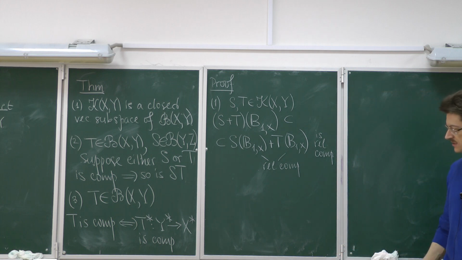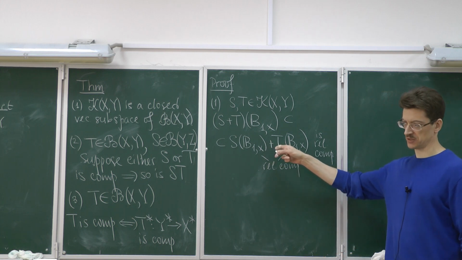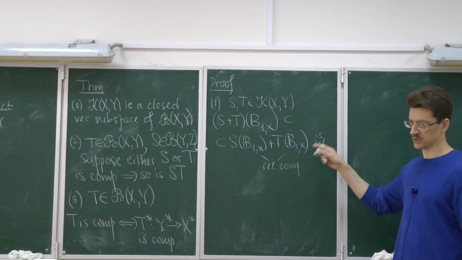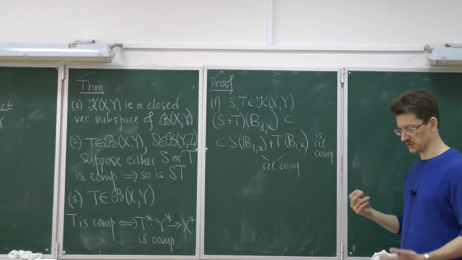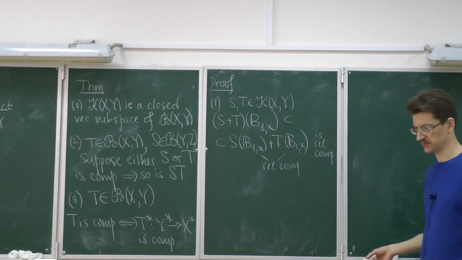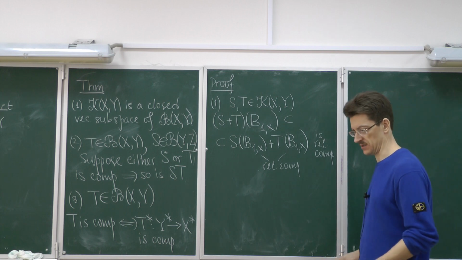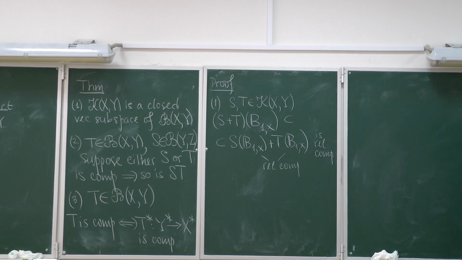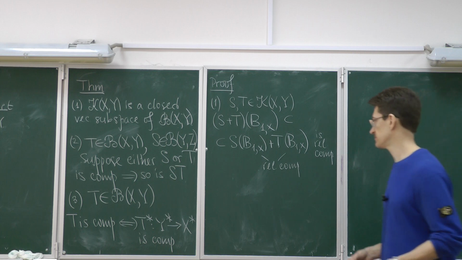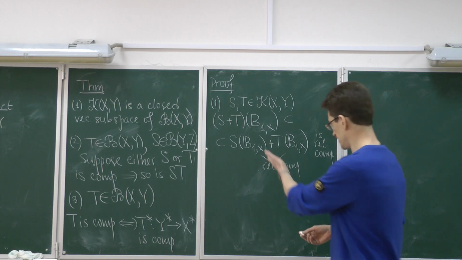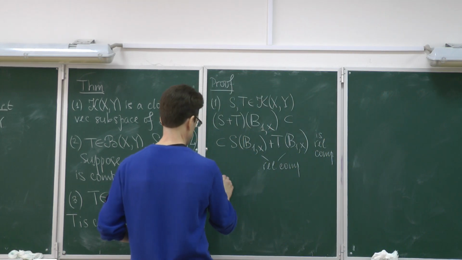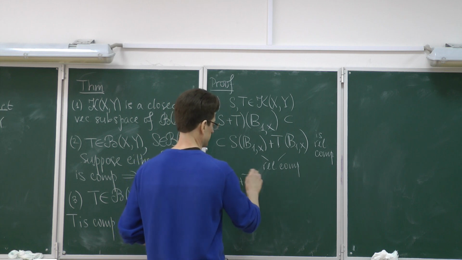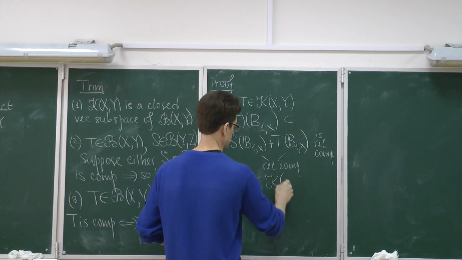Well, indeed, the plus operation is continuous from Y cross Y to Y. And the continuous image of a compact set is compact. So this implies that a continuous image of a relatively compact set is relatively compact. And so this shows that S plus T is a compact operator.